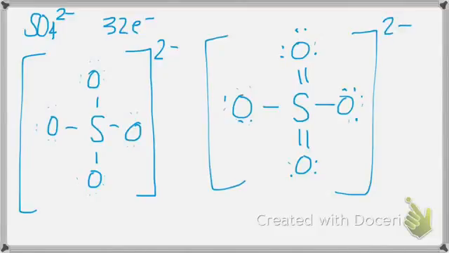Now, this particular structure, I'm going to put an asterisk by it because it would have all the resonance structures that would go along with it. Like, how do you know whether to put the 2 double bonds there or somewhere else? We're not going to draw all of those, because they would have 2 double bonds and 2 single bonds, and all of their resonance structures would have the same formal charge. So we're not going to draw all those out.